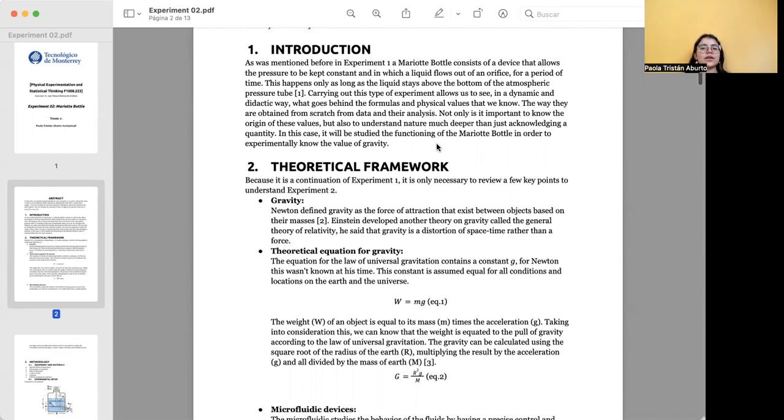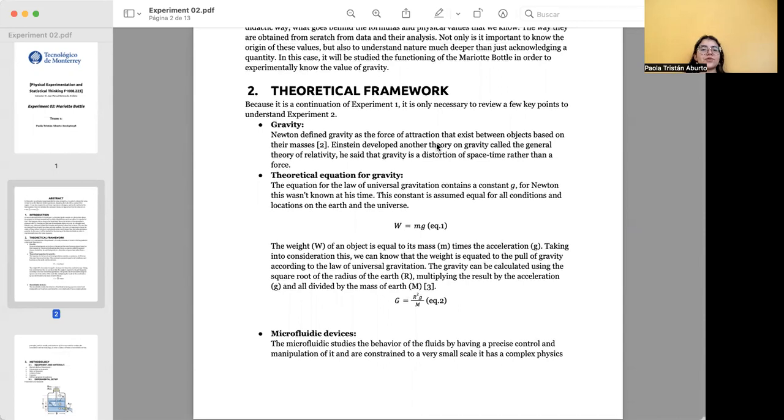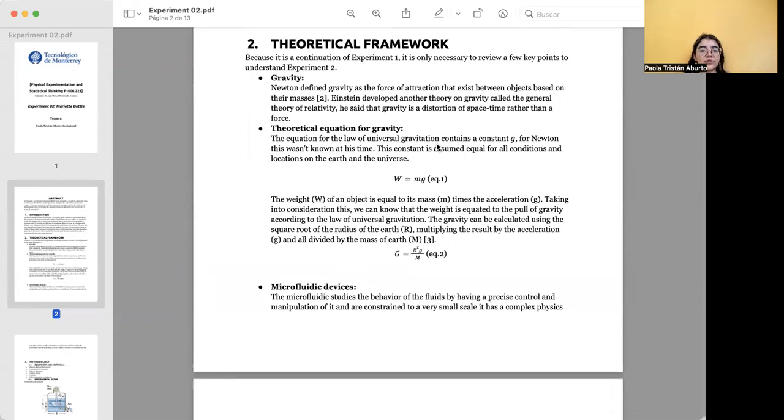value of G. For the theoretical framework, we have three key points. First, gravity, which is defined as the force of attraction that exists between objects. This was Newton's definition, and Einstein's definition was that gravity is a distortion of space and time rather than a force. The theoretical equation for gravity, we obtain it by taking it from the law of universal gravitation, where the weight is equal to the mass times the acceleration.